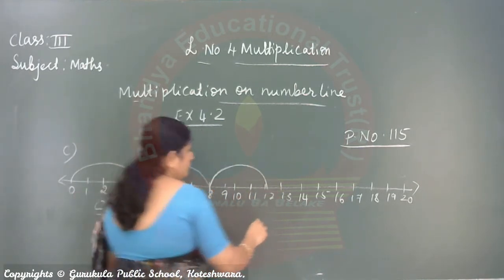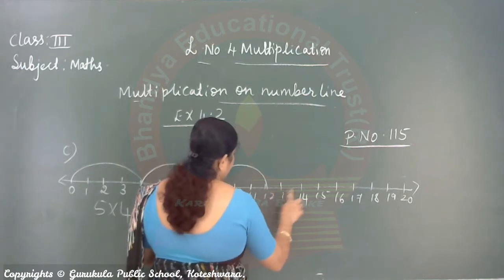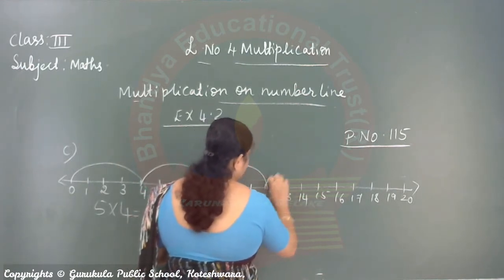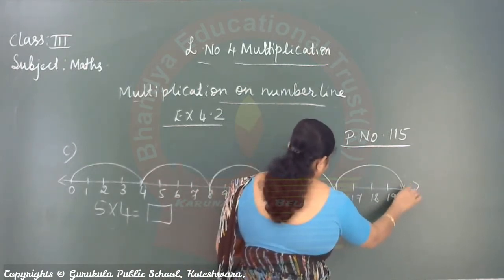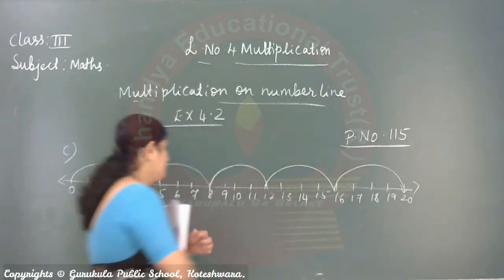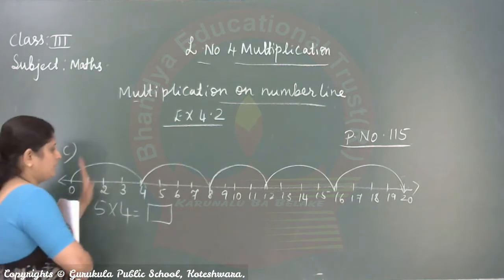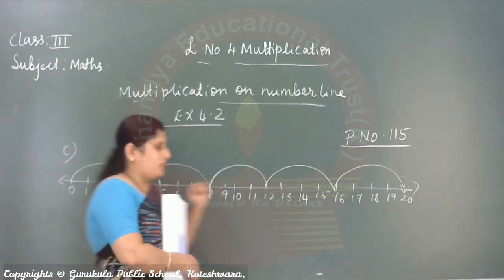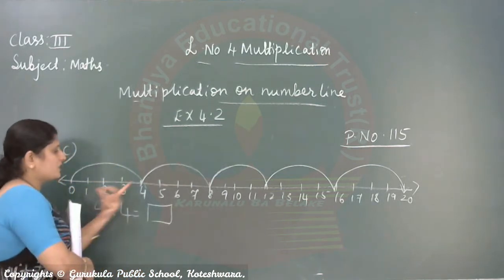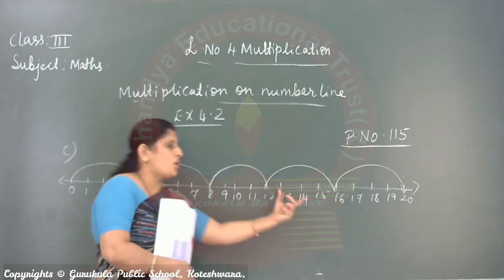Next 12 to 16. Again 16 to 20. Correct? So we have to take 5 jumps. 1, 2, 3, 4, 5 jumps. How many steps? 4 steps. Here that should be 4 steps.